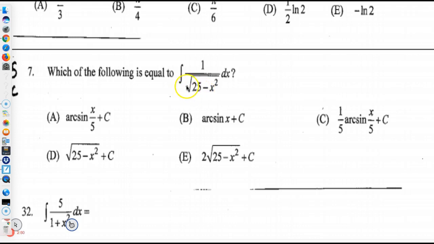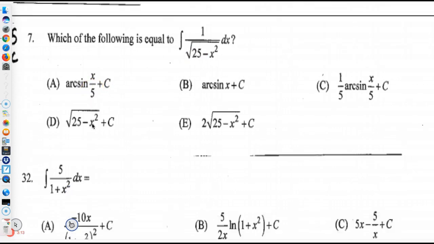And just to review, it's arcsine, because remember we talked about that one being the algebra with the root and the subtraction, and it doesn't have a 1 over a in front, so no 1/5. Somebody anticipated that would happen, right? It's just arcsine u over a. Who u? X. Excellent. And a is 5. It's this one. Arcsine x fifths plus c. How'd we do? Those two should be right.